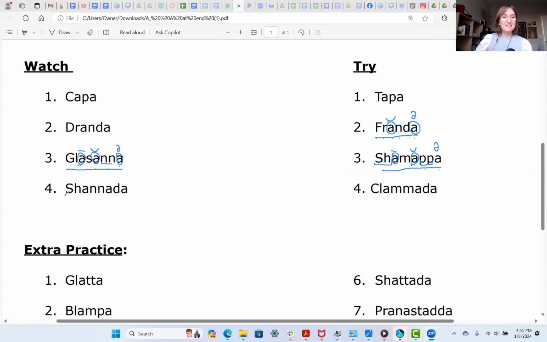Okay, number 4. I can tell already. I don't even have to count. I can tell by that double N right there. Whenever that happens, that means that vowel before it's going to say its short sound, "a." This A is going to say "a" because there's a vowel 1 or 2 doors down right there.